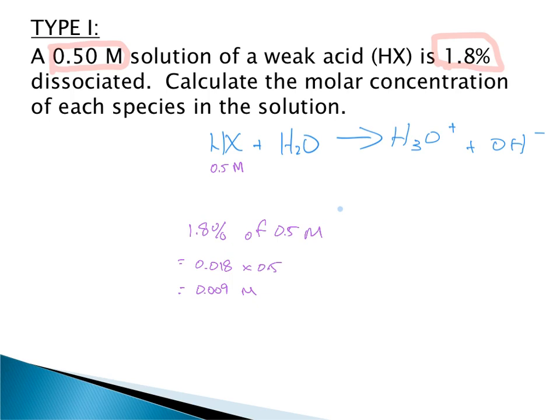So we're going to take 0.5, we're going to subtract 0.009, and we're going to take hydronium and add 0.009.